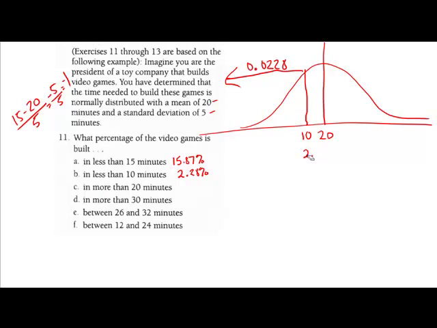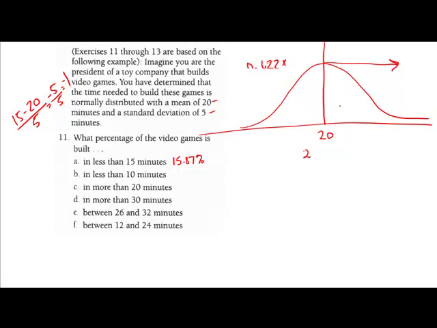11C, let's take a look at this one. What we want to see is in more than 20 minutes. Well, 20 is my mean. So more than 20 minutes is the positive side.